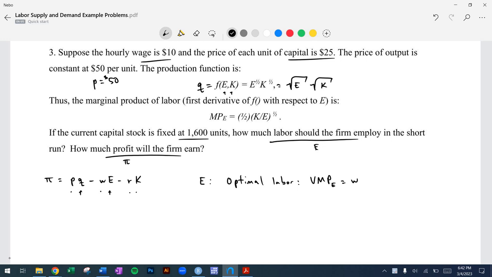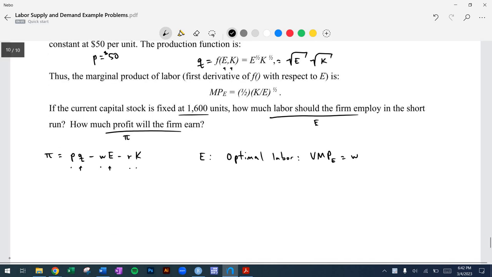So the value of what the next worker can produce has to be at least equal to or greater than their wage in order to make that hire a profitable one. As long as it's higher than the wage, you'll keep hiring people. And once they're equal to each other, that's where we stop. So we're going to ultimately need to use this formula, but we don't have yet the value of marginal product, so we need to calculate that as well.